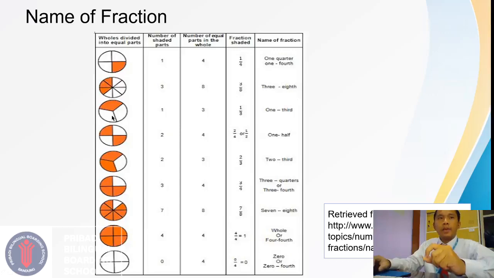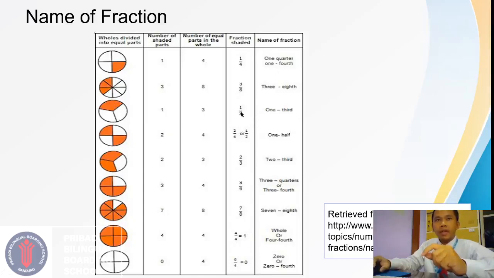And picture number 3: the number of shaded parts is 1. Here there is one shaded part, and the number of equal parts in the whole is 3. 1, 2, 3. The fraction shaded is 1/3.